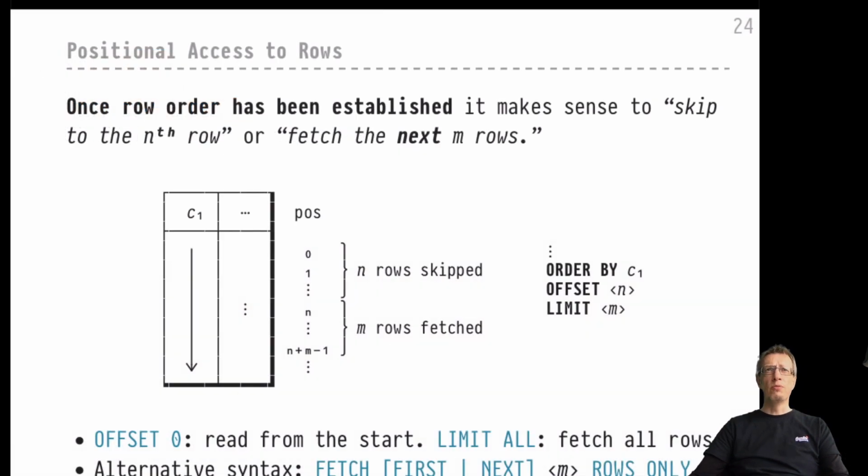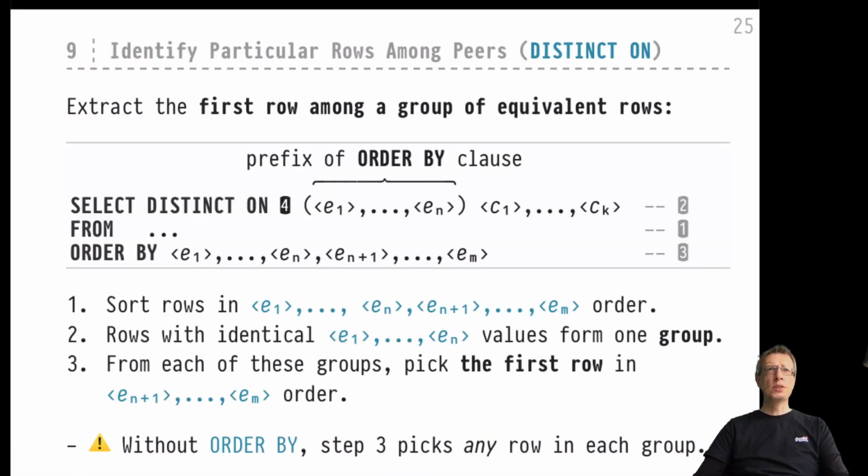There's another very important use of positional access in SQL, and it's actually not that well known, but we will use it quite frequently in this particular course, and this is the distinct on clause. The distinct on clause always goes together with the order by clause if you want to have some well-defined and sensible results.